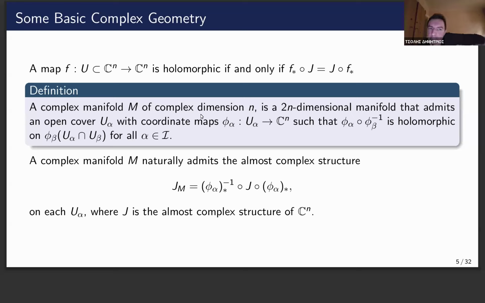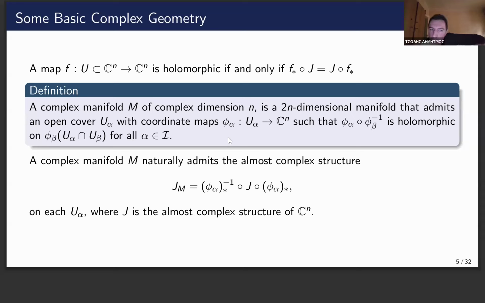We will call a manifold of dimension 2n a complex manifold if the charts, the coordinates, take us to C^n, and the transition maps are holomorphic. So when we change coordinates, this change should be holomorphic, and we call this a complex manifold.